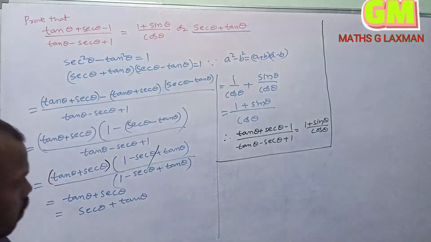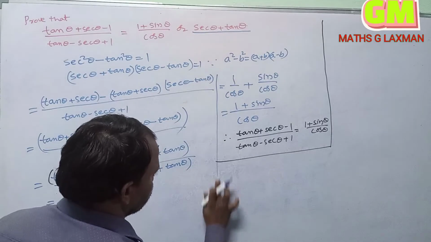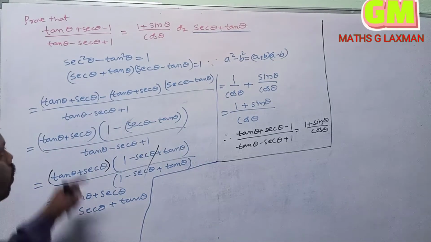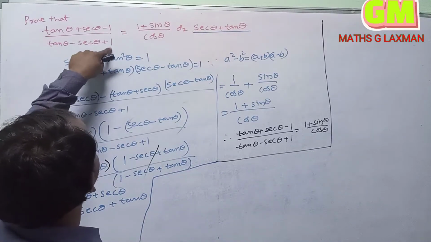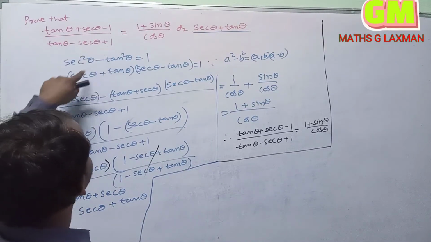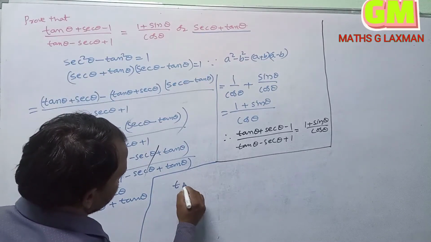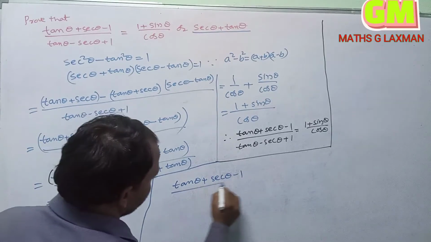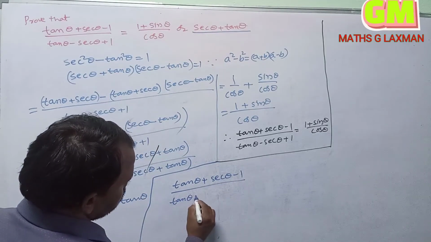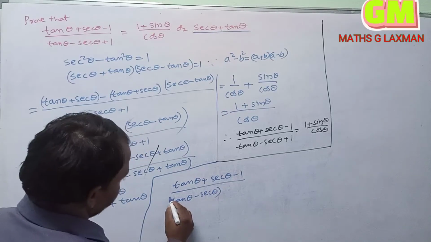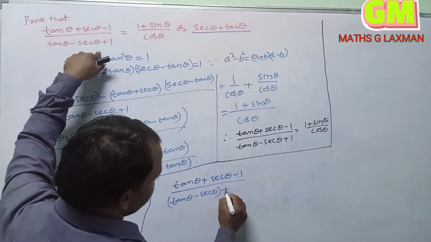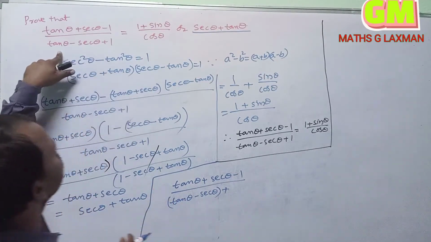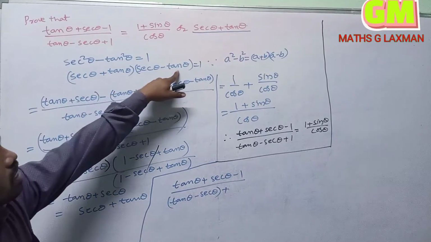So what I am doing here, the same question. In place of 1 in the denominator, I am writing this one in the denominator. So tan theta plus secant theta minus 1 divided by tan theta minus secant theta, plus in place of that, so what I am doing here, tan theta minus secant theta is there, but here secant theta minus tan theta is there.